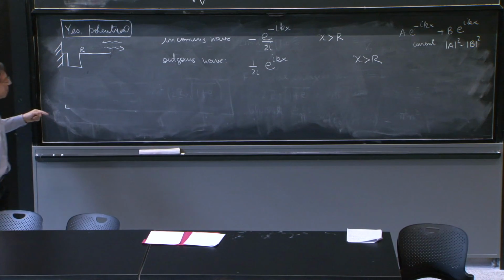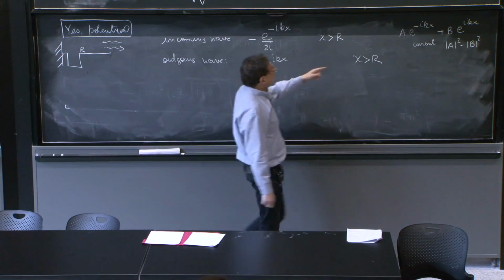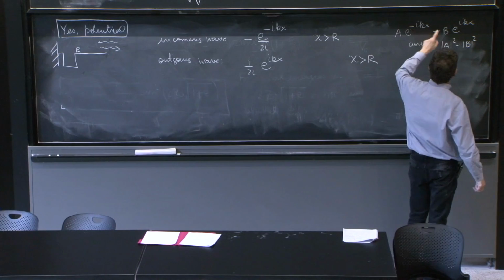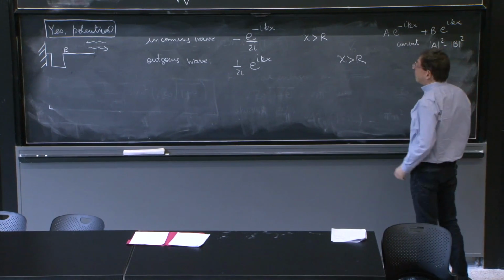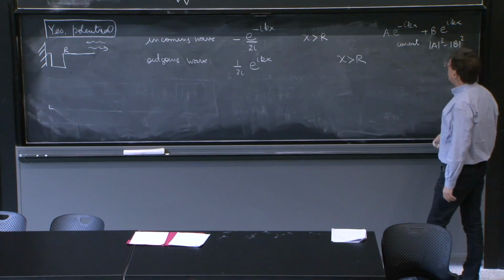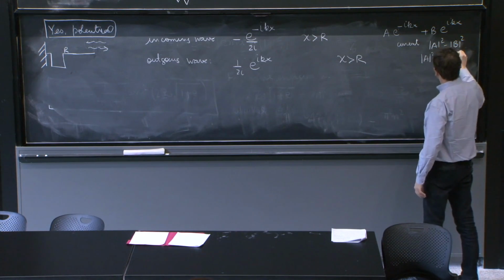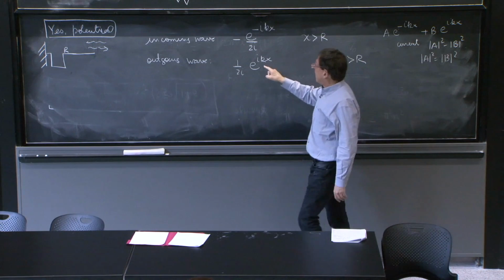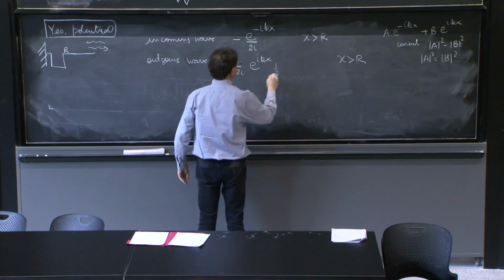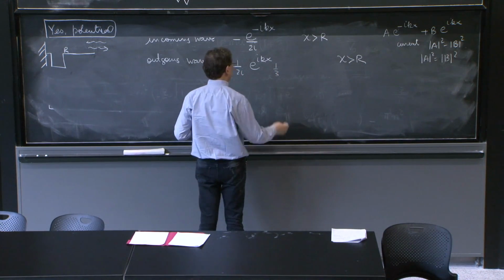And the currents are proportional to those numbers that multiply these things squared. So in fact, a squared must be equal to b squared. And therefore, we cannot have like a 1/3 here. It would just ruin everything.